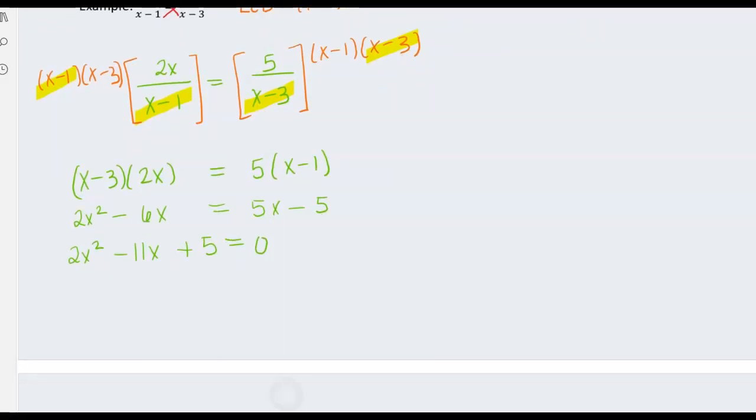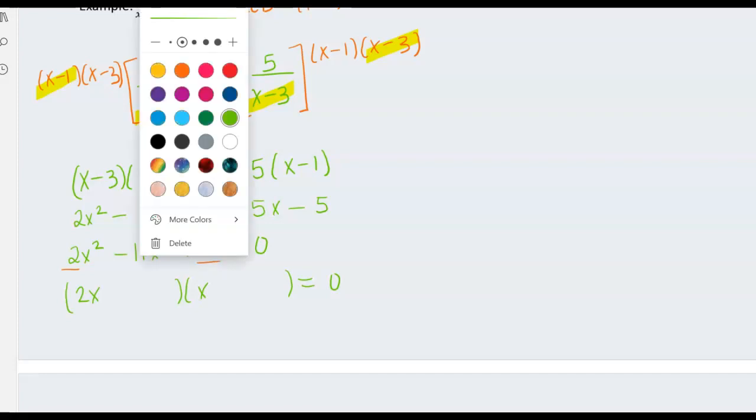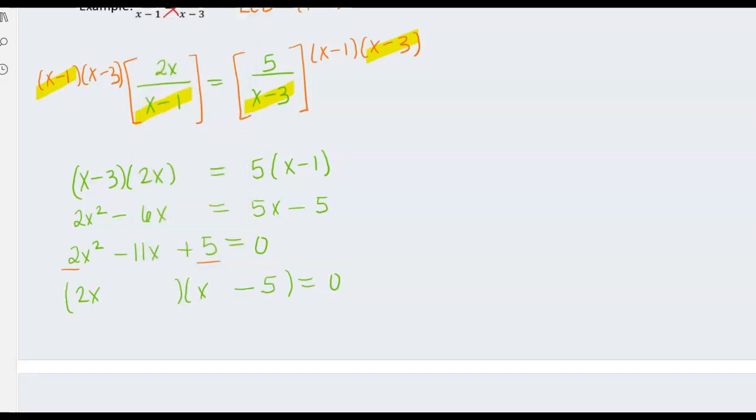Now I'm going to factor this. I'm thinking about 2 times 5, which is 10, and I want to get to negative 11. So I know I'm going to have a minus 10 and a minus 1. So I think if I put a 5 here, that'll give me minus 10.